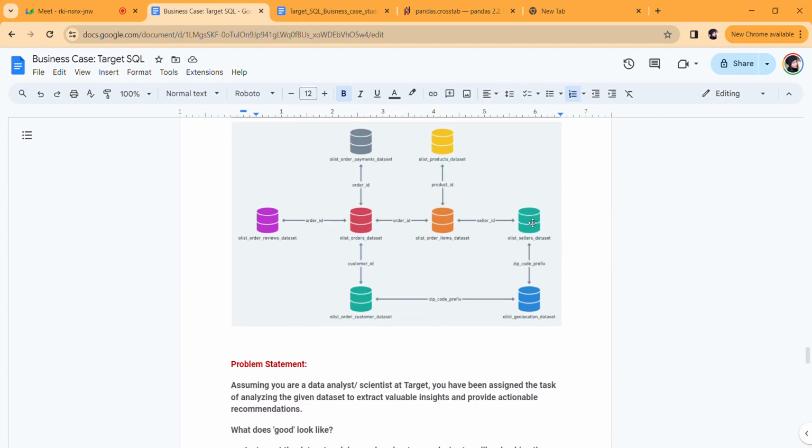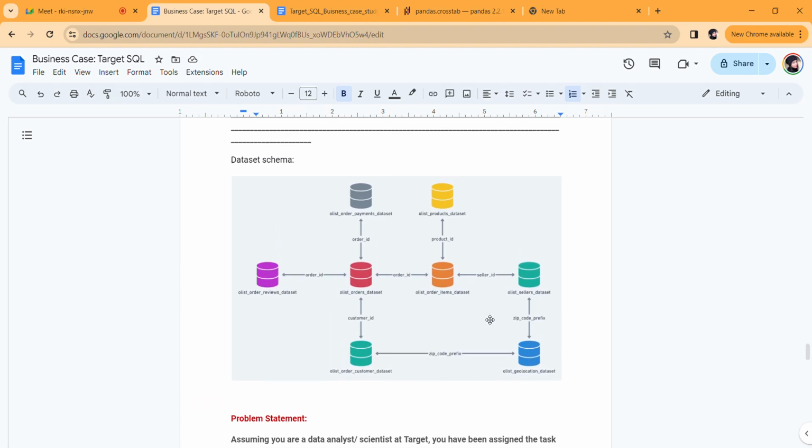So first of all we'll understand the schema. Schema is how these particular IDs or particular databases are related to each other. You can see the order payment data set is related to the order data set by the order ID. This order data set is related to the order reviews by order ID. The order items data set is related to the order data set by order ID.